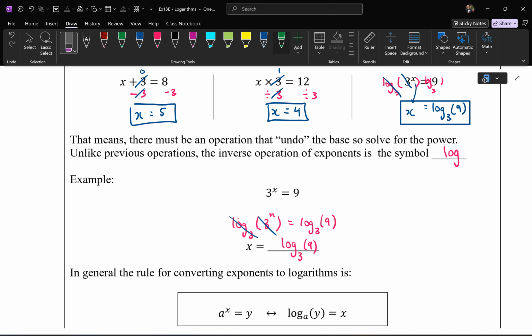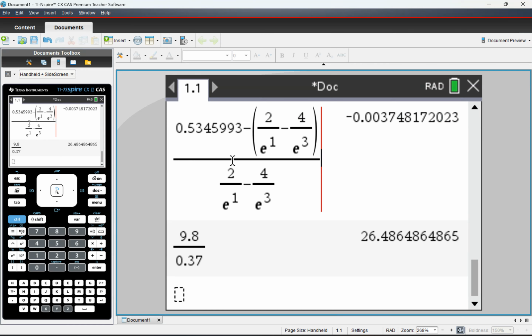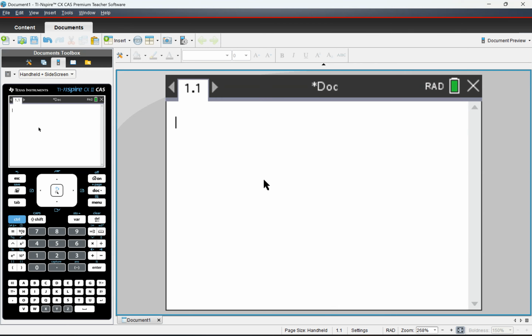And I can show you that on a calculator so you can see how it works. So you get familiar with it, yeah? So here, I'm going to use a calculator to illustrate a point. So say I take the number x. X plus 3, take away 3. Still x. X times 3 divided by 3, still x. If I do now 3 to the power of x, right?